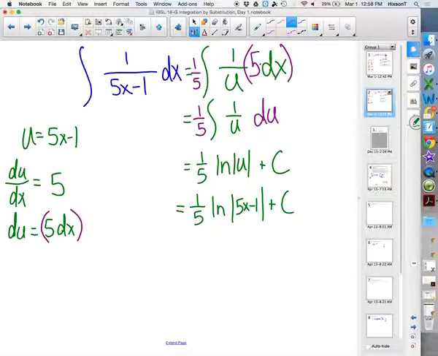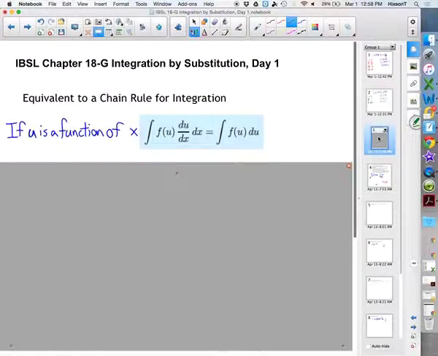Okay? Now, let's look at the rule in general here. This is equivalent to kind of a chain rule for integration. Alright? There isn't technically a chain rule, but it's kind of an equivalent idea. If u is a function of x, then the integral of f of u times du dx is going to equal the integral of f of u du.